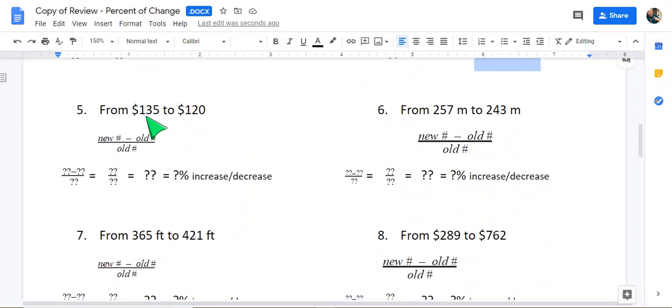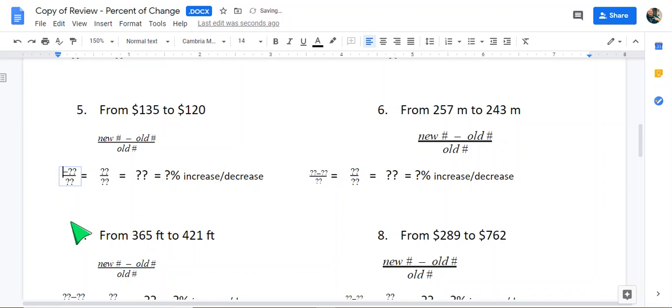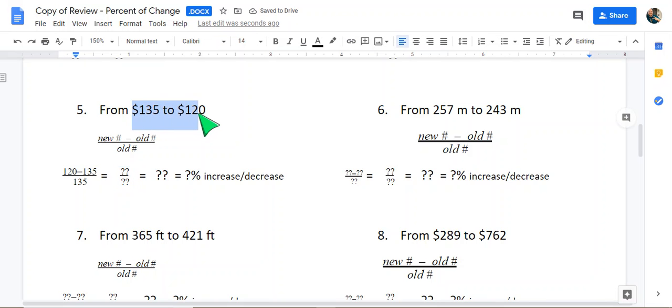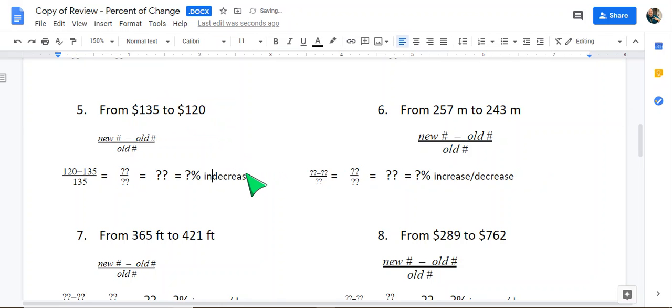From 135 to 120. So from is the old number, to is the new number. All right, so I'm going to do for new number 120 minus the old number 135 divided by the old number 135. From 135 to 120, the price went down, right? So I know right away I'm going to be doing decrease, okay? 120 minus 135 is negative 15.